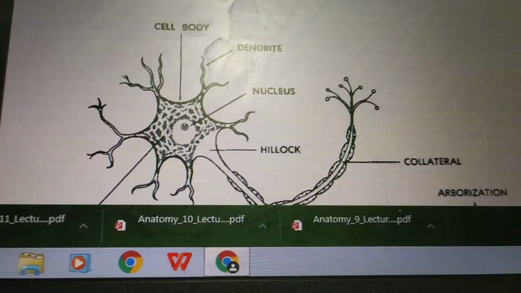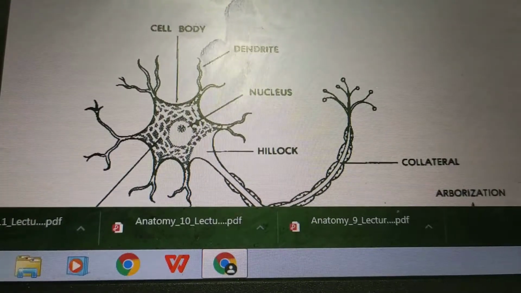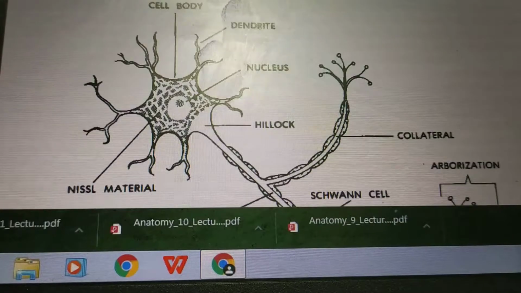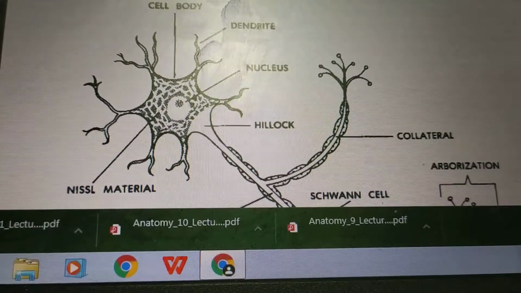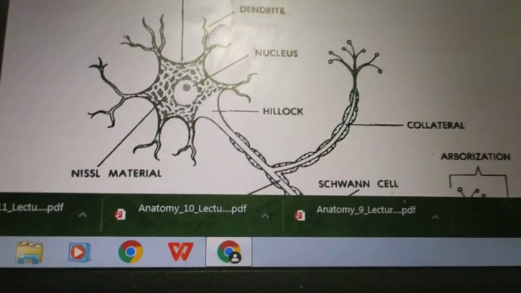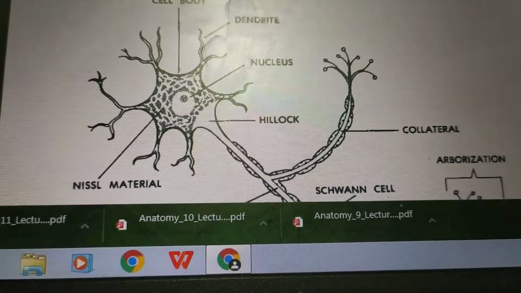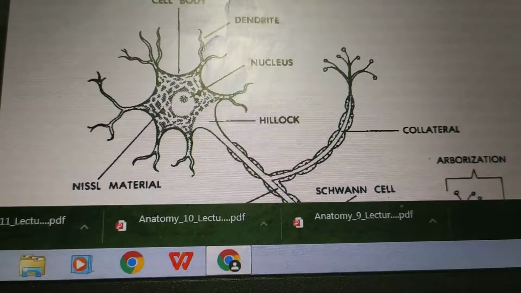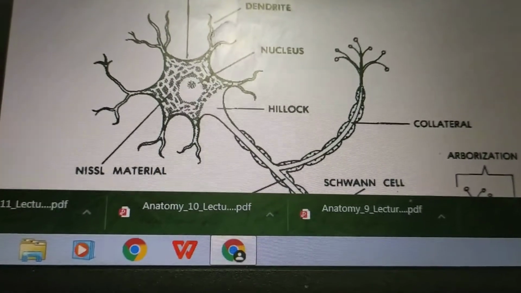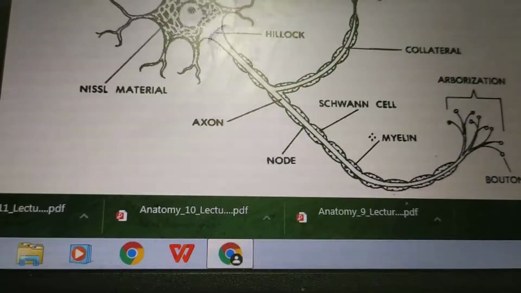The center point is the nucleus, and under it is the hillock, and the material just beside the nucleus. Let's go to another side: the axon.